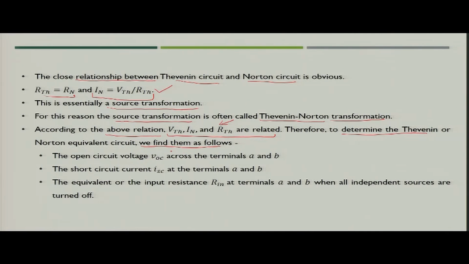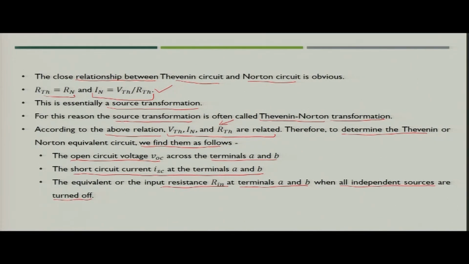What we generally do is find the open circuit voltage across terminal A B, because in the case of Thevenin we have to find the open circuit voltage across terminal A B. We also need to find the short circuit current at terminal A B, which is required for the Norton's equivalent, and then the input resistance seen through terminals A and B when all independent sources are turned off.